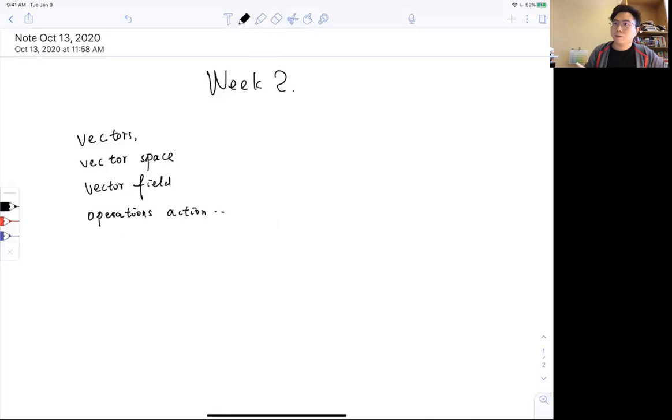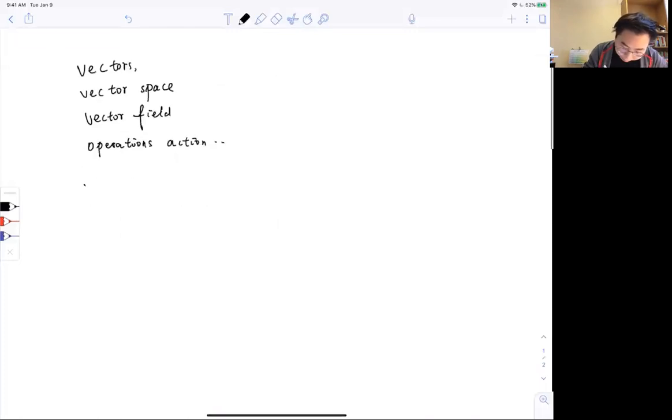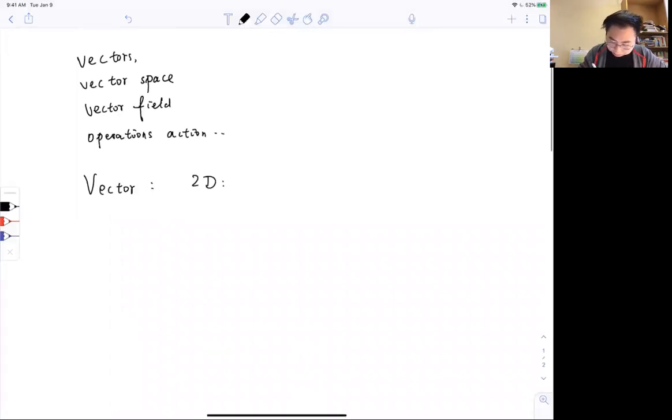Okay, so whenever people talk about vectors, for example, let's take 2 dimensions as an example, people write a vector with an x component, x hat, and a y component, y hat.